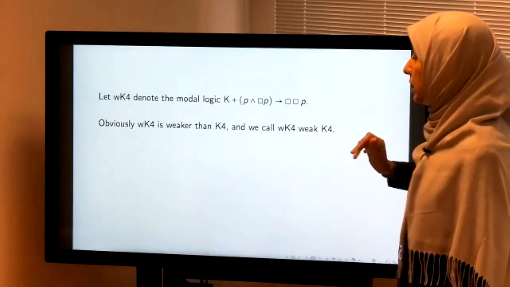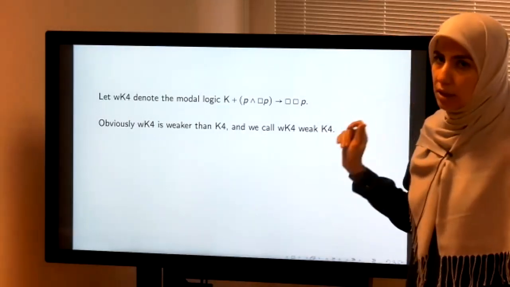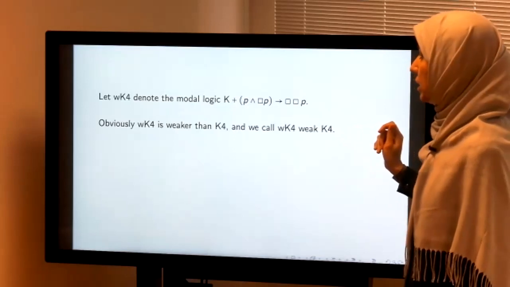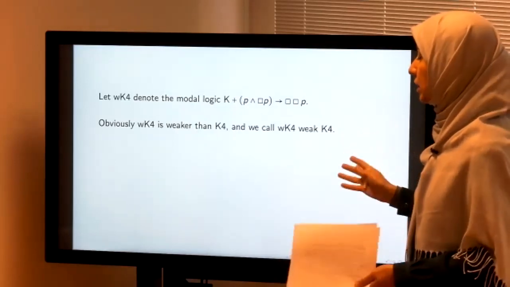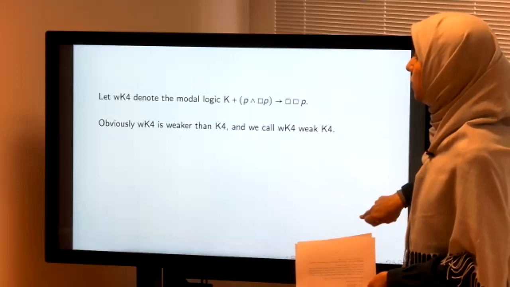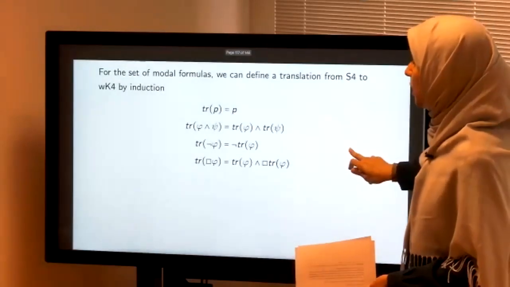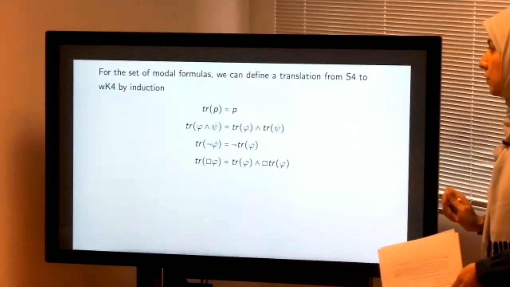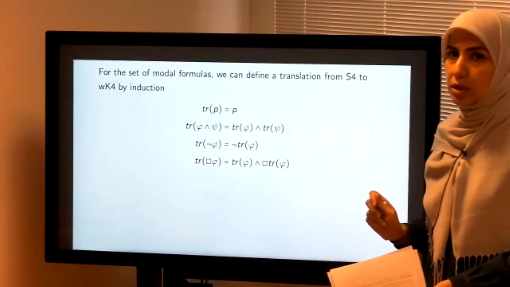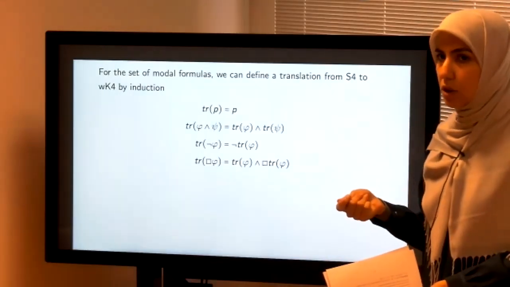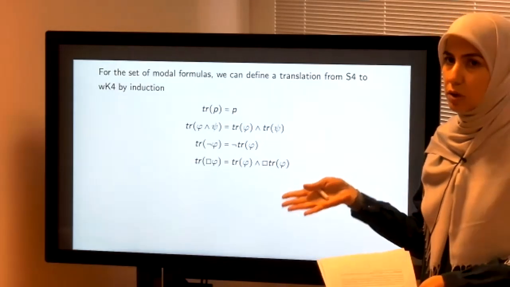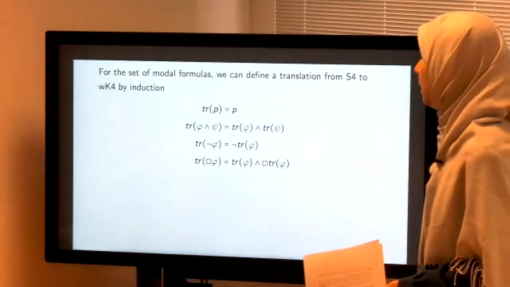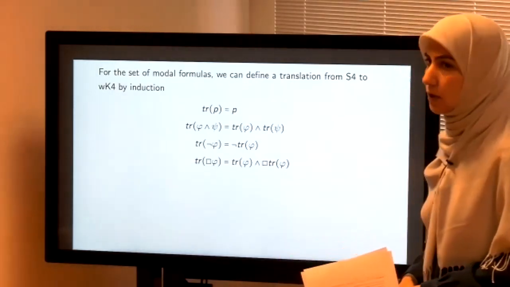Before going on to prove soundness and completeness for this logic, let's compare WK4 with S4. For any modal formula, I can consider a translation of that formula from S4 to WK4. We define this translation as follows.